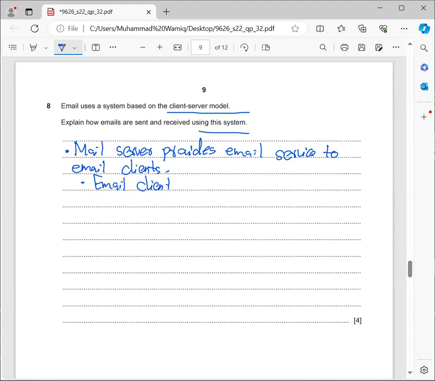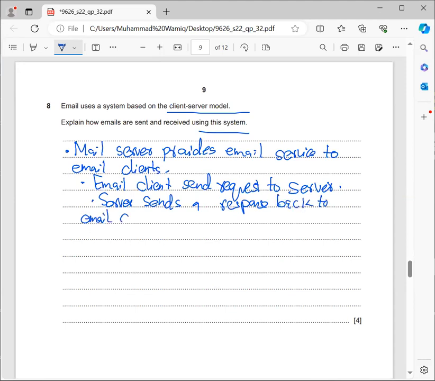Email clients send request to server, then the server sends a response back to email client, then the email client transfers mail.